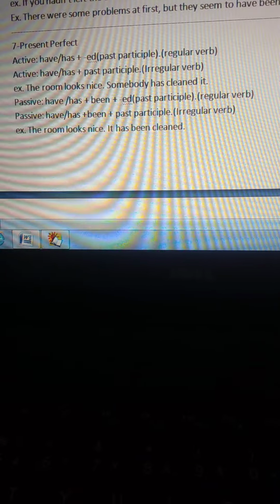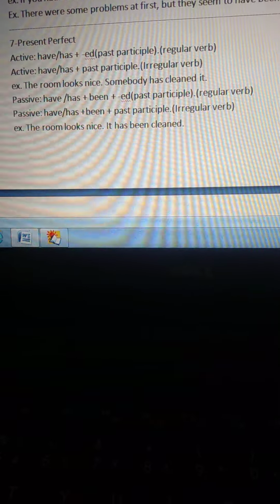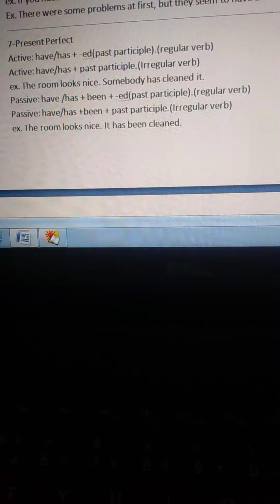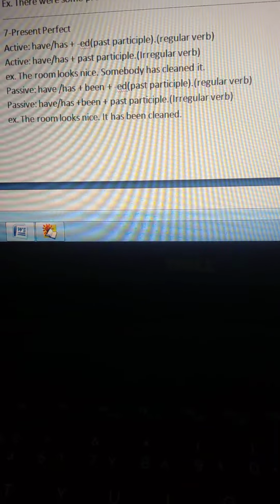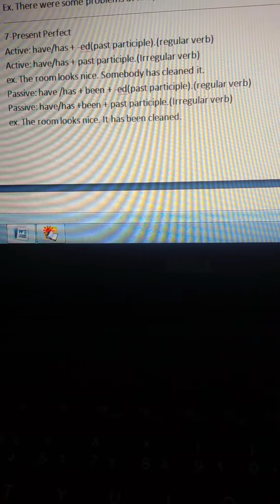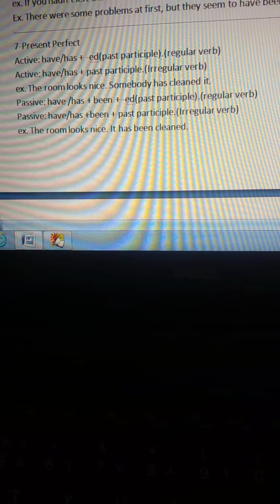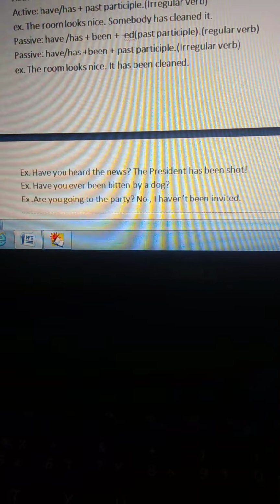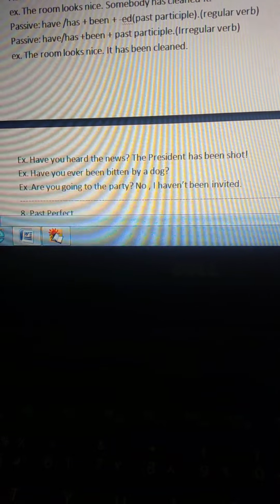Somebody has cleaned it. Passive: have or has plus been plus past participle, regular and irregular verbs. Example: the room looks nice. It has been cleaned.